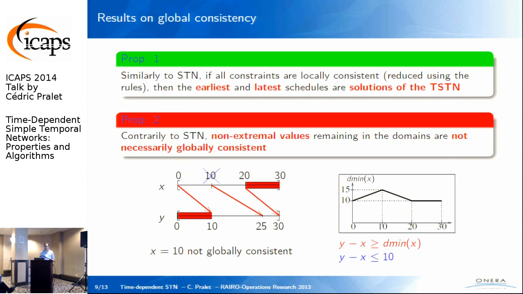One choice which we made is that we wanted to manage only simple intervals for time points. We did not want to obtain disjoint intervals, because then in terms of complexity, you don't have the same guarantees.